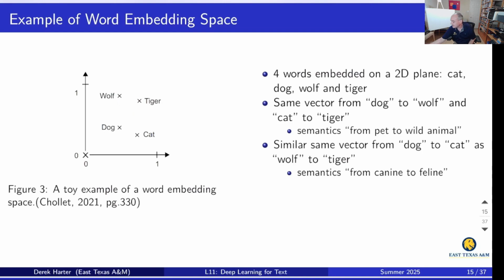Similarly, in this example the vector from dog to cat, compared with the one from wolf to tiger, is supposed to be a similar idea. So perhaps this is the semantics from canine to feline.